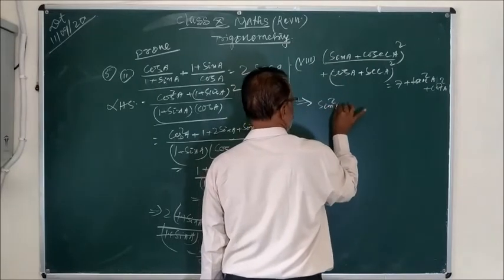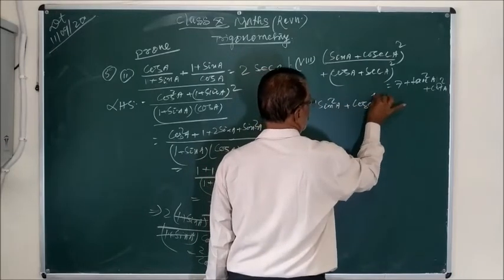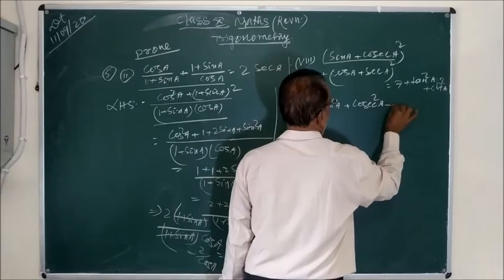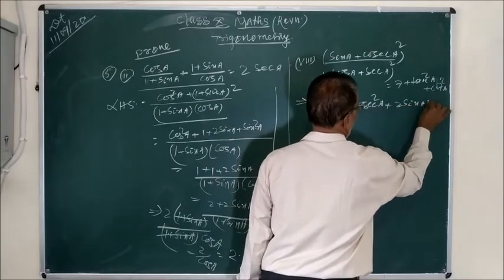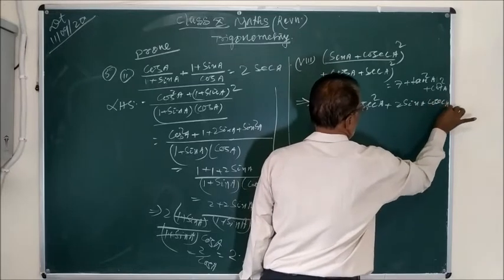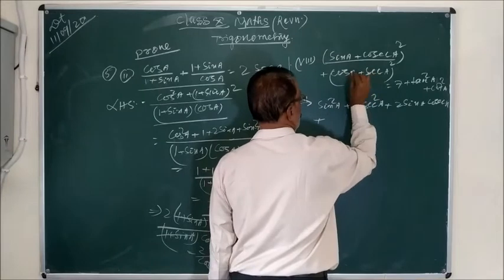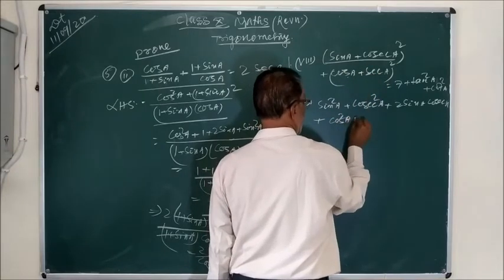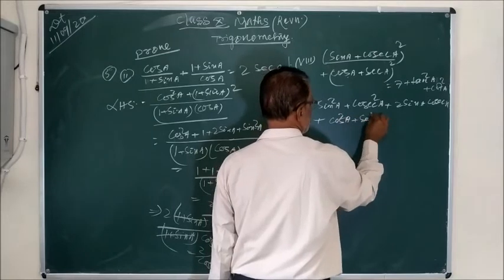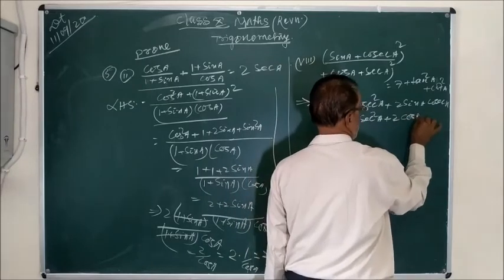A square is sine square, B square is cos square, plus 2 sin A cos A. And now also you break this one, cos A plus B whole square. So A square cos square A, B square sec square A, plus 2AB, 2 cos A sec A.